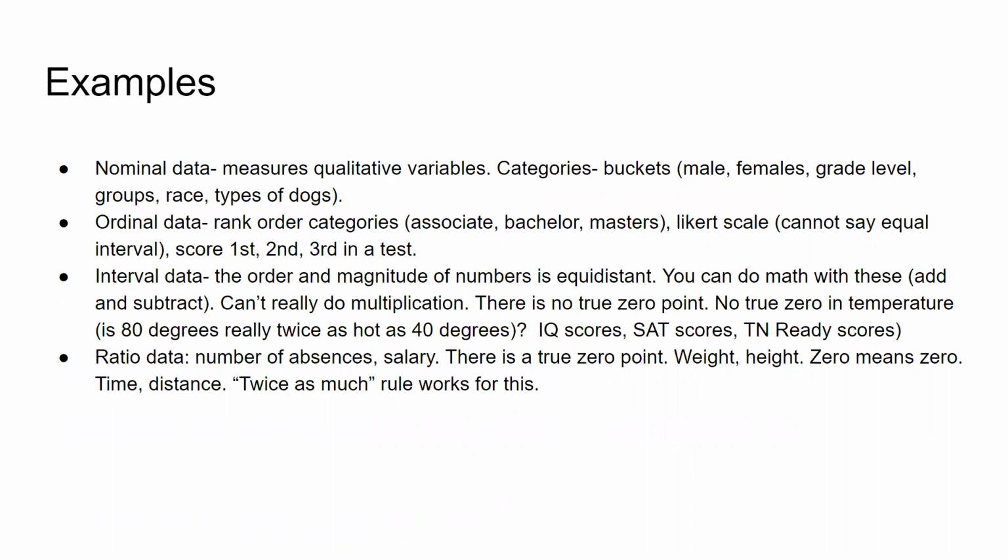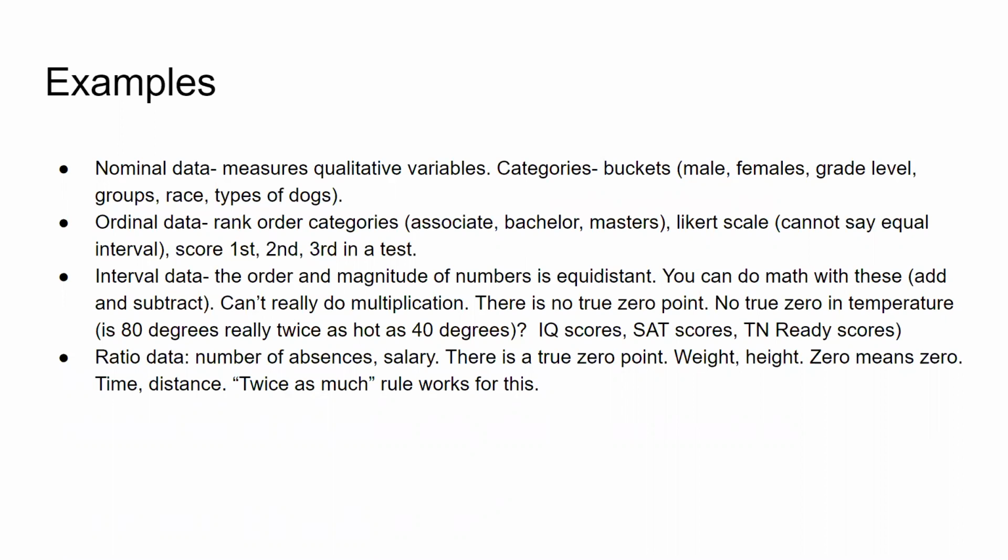Ratio data, however, really means that there is a true 0 point, and I like to think of that with the 0 in ratio. So like if you have 0 absences, that really means you were not there. There were 0 absences. If you made 0 money in your salary, that means indeed you made no money.